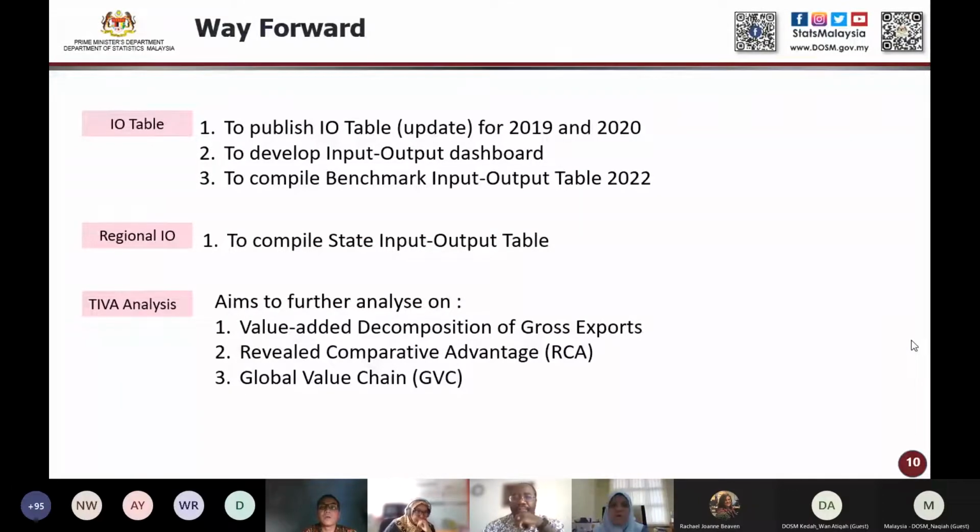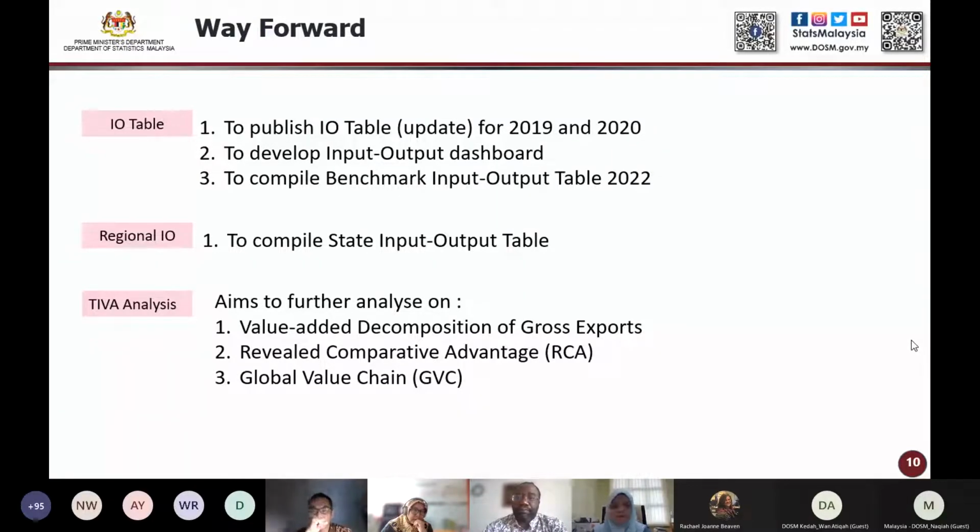For the input-output table, we plan to publish the IO table update for 2019 and 2022, and we also plan to develop an input-output table dashboard with time series data, charts and interactivity. This provides a facility for users to get the data directly from the portal, and then to compile the benchmark input-output table in 2022 from the Economic Census 2022.